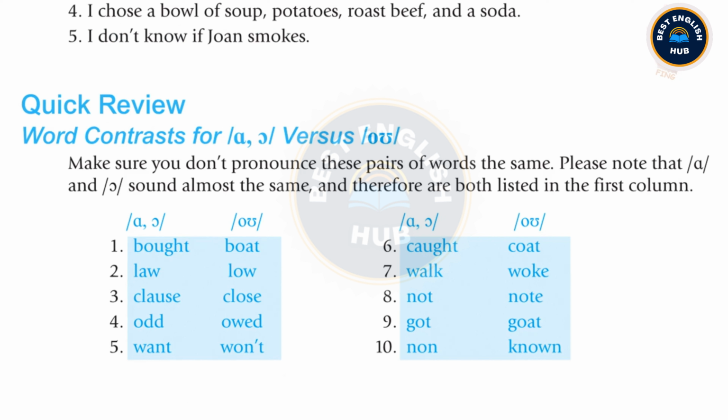Quick review. Sound contrasts for ah and aw versus o. Make sure that you don't pronounce these pairs of words the same. Bought, boat. Law, low. Clause, close. Odd, owed.